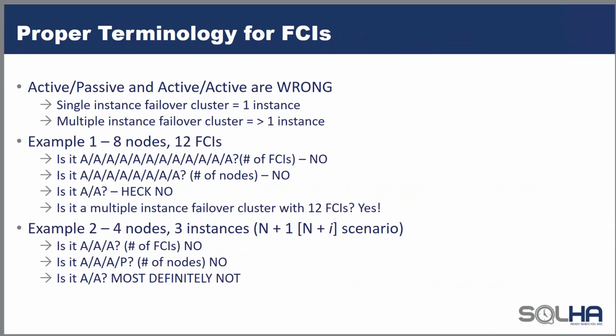It's not active, active, active, passive. Well, it sort of technically is, but what if it was active, active, passive, passive? That doesn't make it the last one, which is active-active. So that's why, in this case, you say, hey, I've got 3 FCIs on 4 nodes, or I've got a multiple instance failover cluster with 3 instances. So much better and gets right to the heart of the matter.